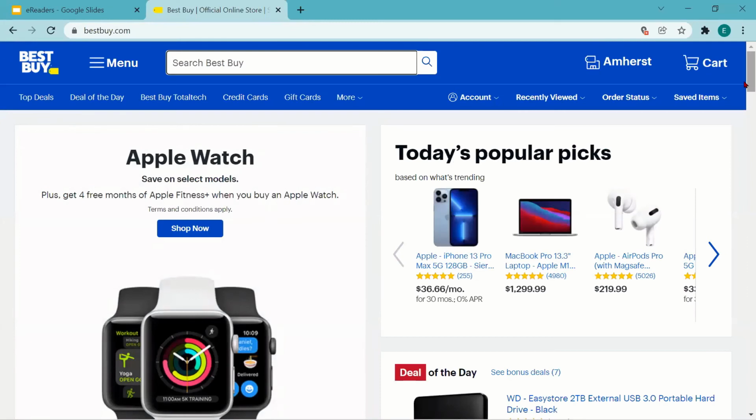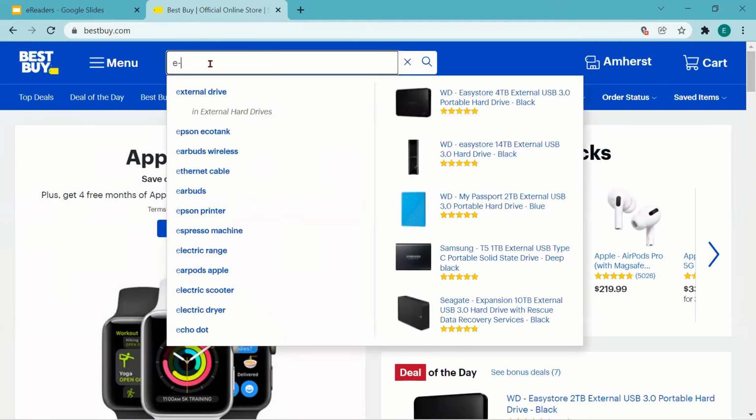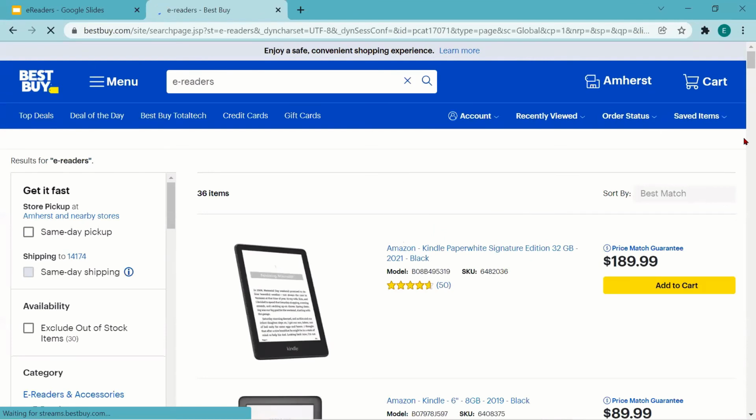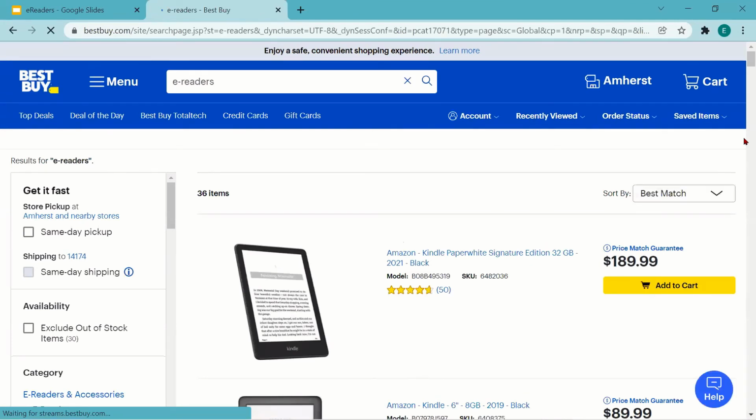And now we'll be going into a live demo. So over here is bestbuy.com. Over here you'll find different types of e-readers, like the ones we mentioned in the presentation.